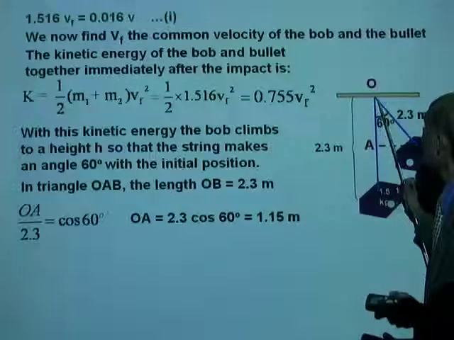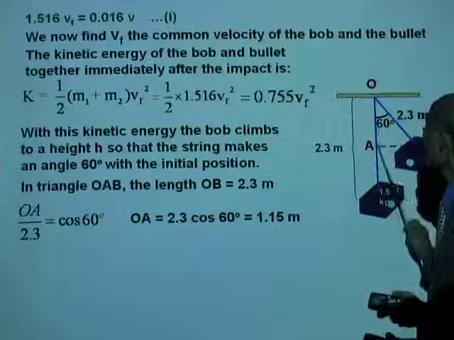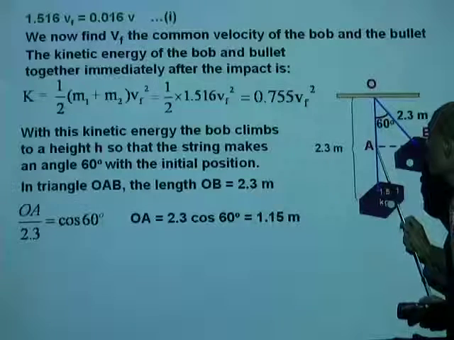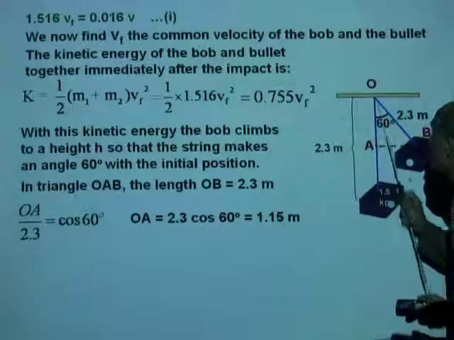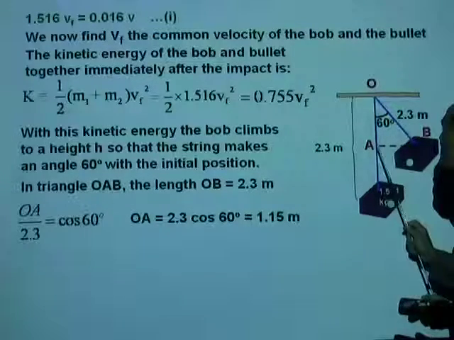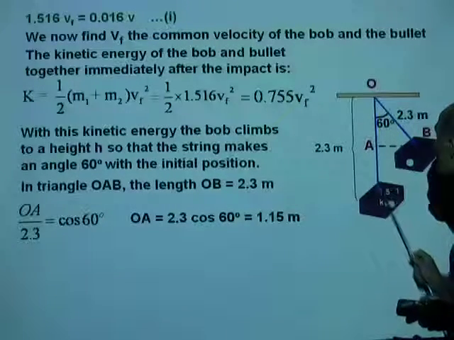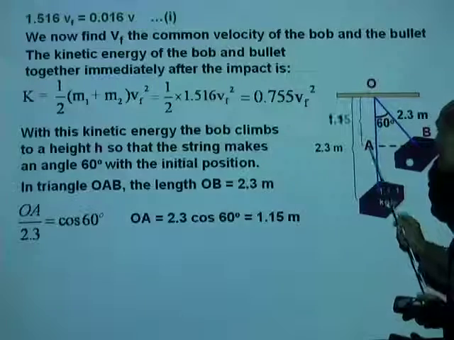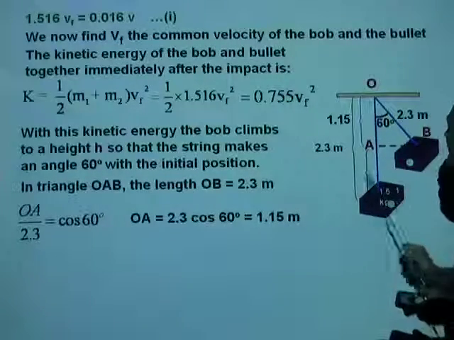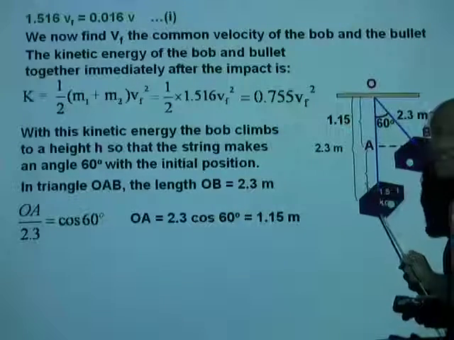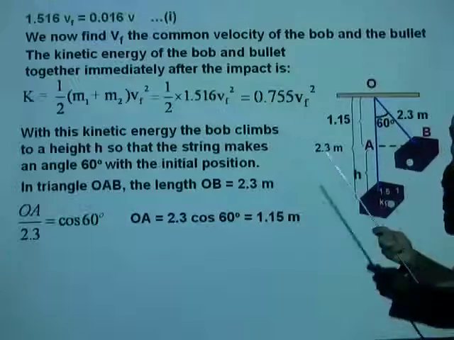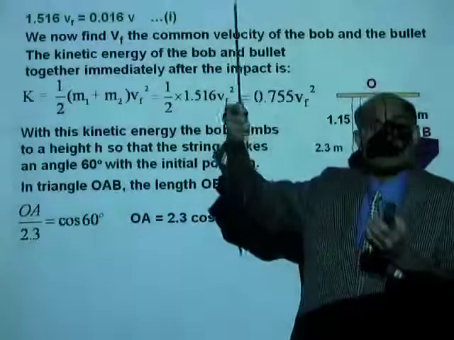That is 1.15 meter. Now, if this OA is 1.15 meter and the whole length of the pendulum is 2.3 meter, what is this distance? Therefore, that is the height to which the pendulum has been raised, isn't it?